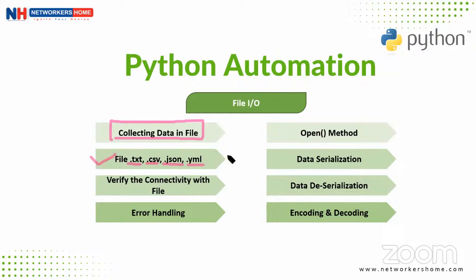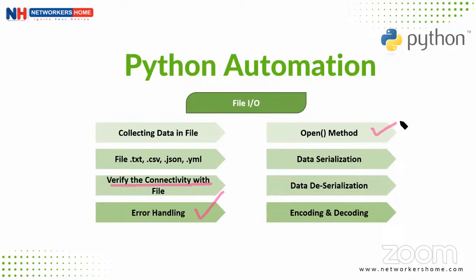If you are working at a large scale, the data might be present in a JSON file, a YAML file, a CSV file, or a text file. You will be operating between a variety of different file formats. So you will connect to multiple devices via these files, and you need to understand what errors you can encounter while dealing with these files.